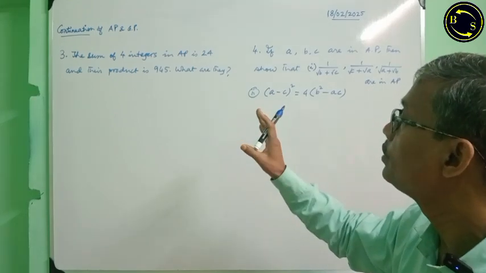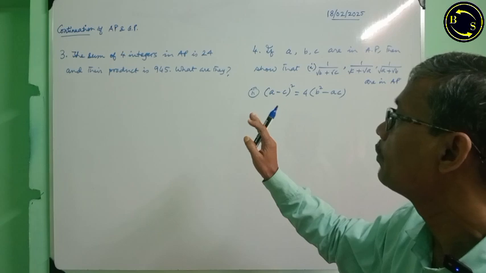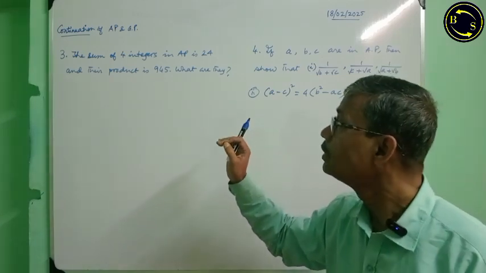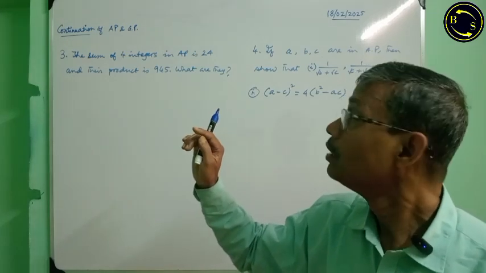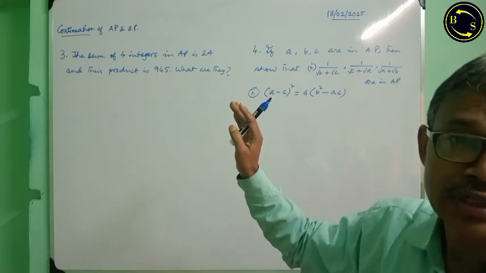The sum of 4 integers in AP is 24 and their product is 945. What are the numbers? Similar sum, I discussed one sum, but those were 3 numbers, but I have taken here 4 integers.